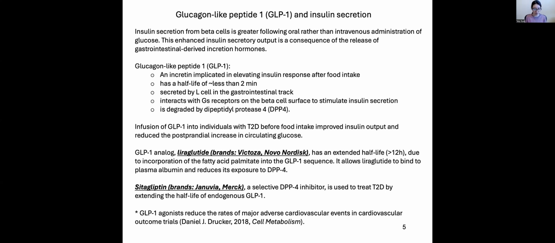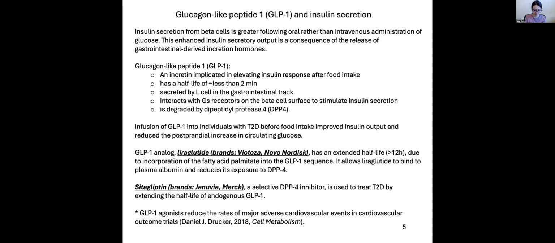So the GLP-1 analog liraglutide is produced by Novo Nordisk under the brand name Victoza. This GLP-1 analog has an extended half-life of more than 12 hours. And it is because they incorporated the fatty acid palmitate into this GLP-1 sequence.